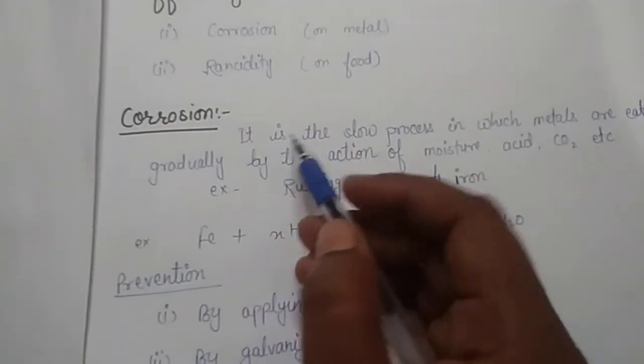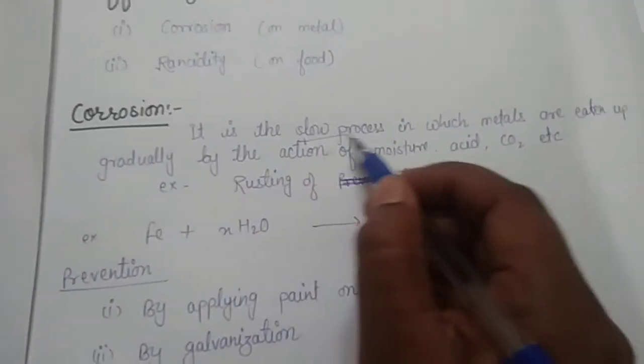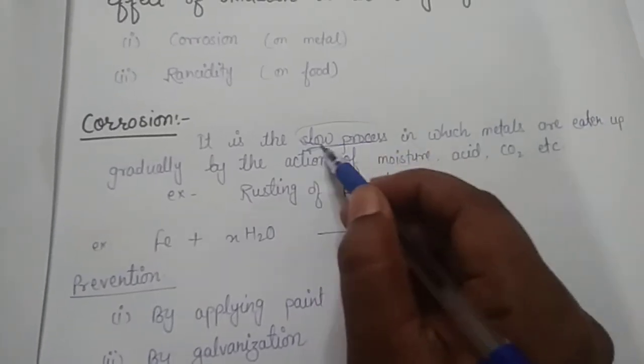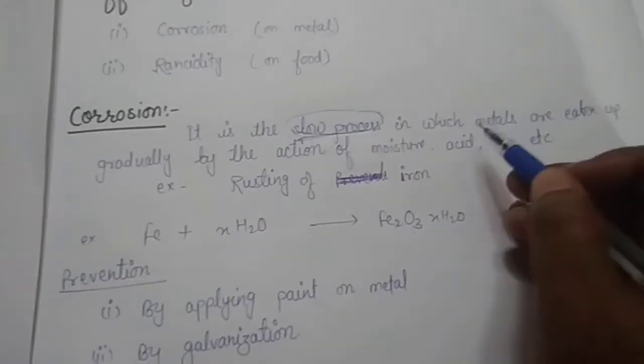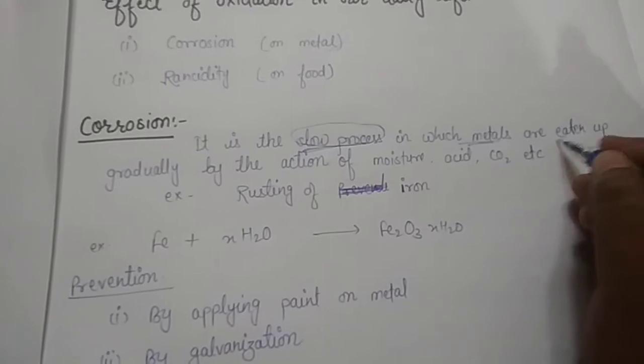Let's see first corrosion. It is a slow process, children. Corrosion is a slow process, not a fast process, in which metals are eaten up.